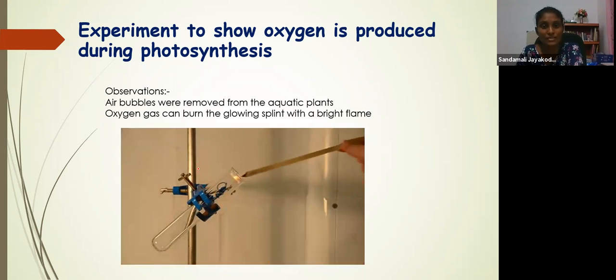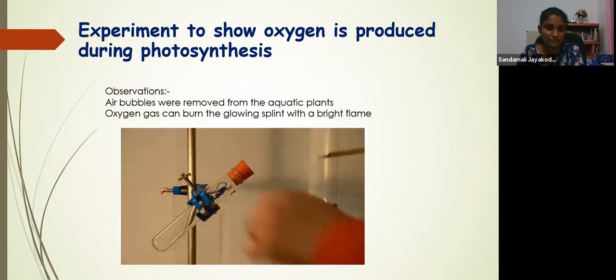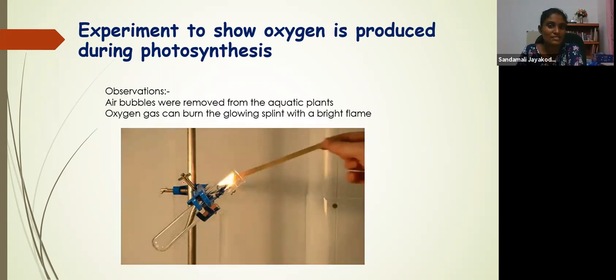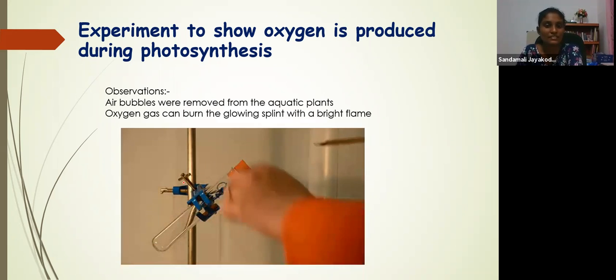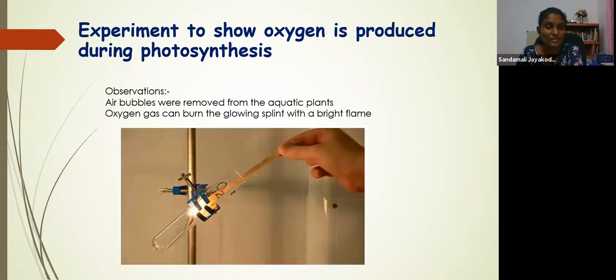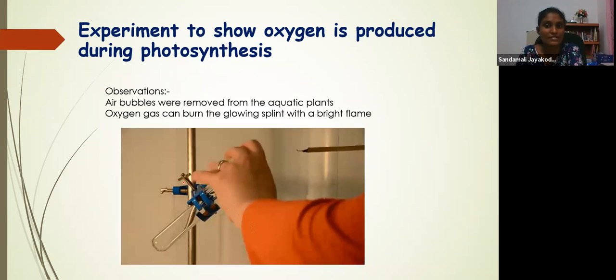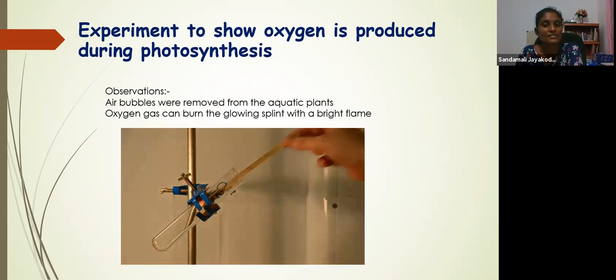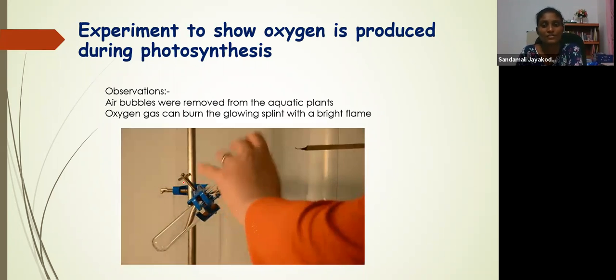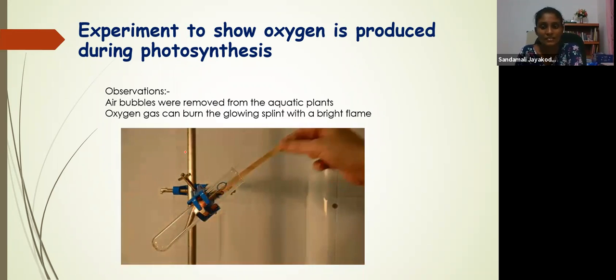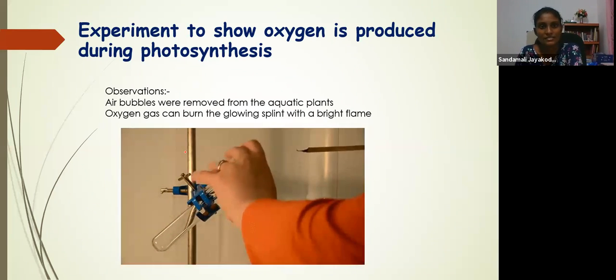That means it is the gas required for burning or combustion. That's why we use this glowing splint to identify the presence of oxygen gas in the gas released from photosynthesis. So that is our test.